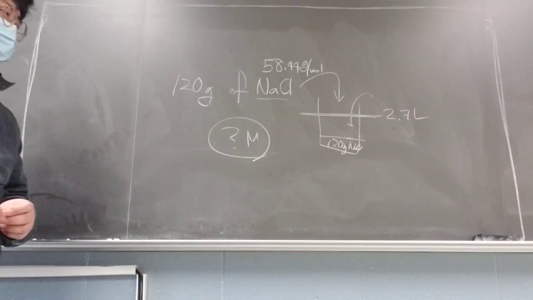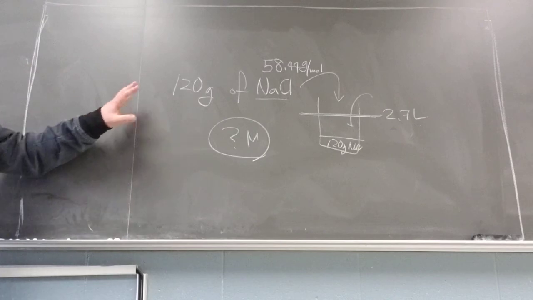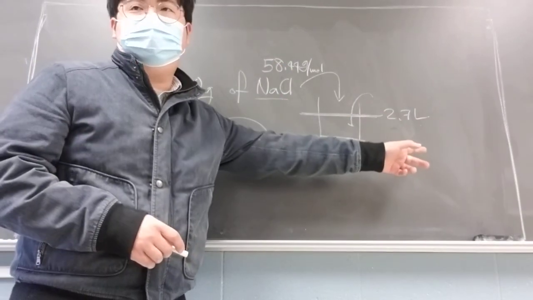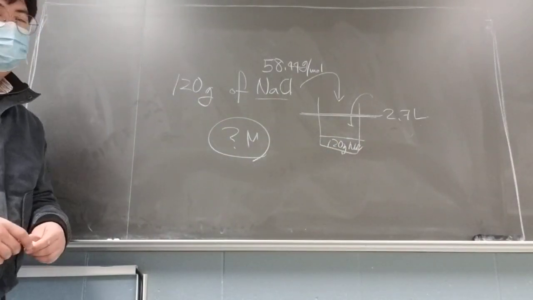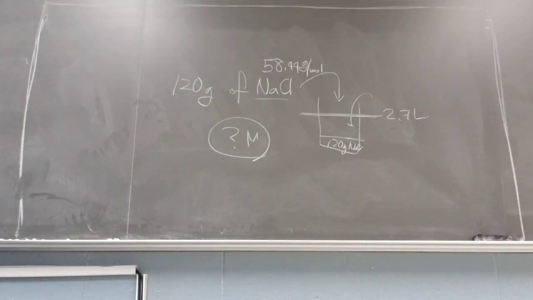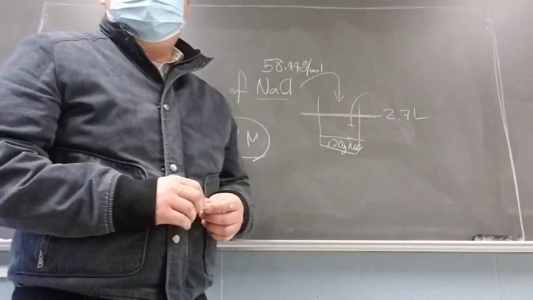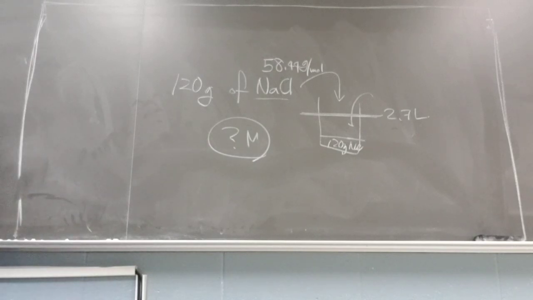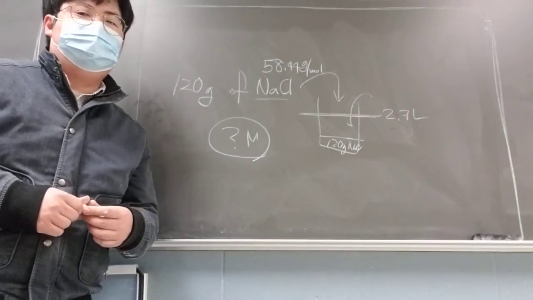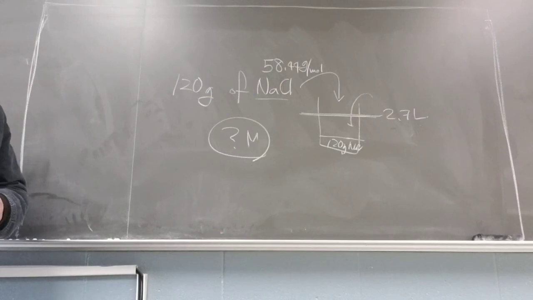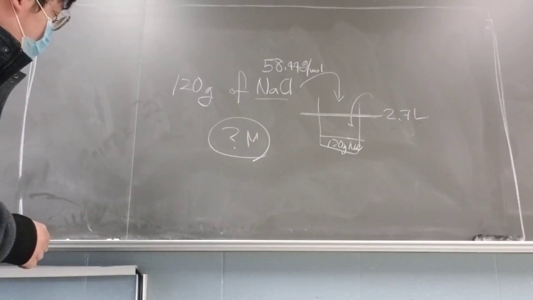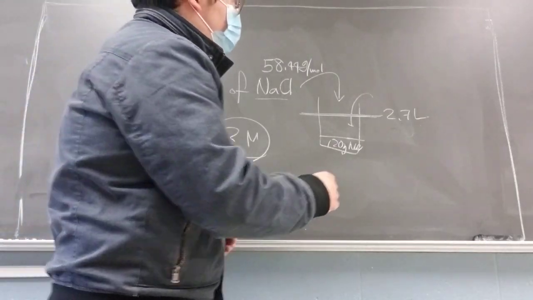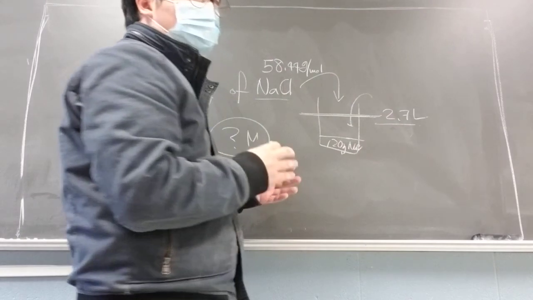Okay, 1 or 2 minutes. Just the 120 divided by 58.44 and divided by 2.7. Okay, let's do 2 sig figs there because 2.7 has the least number of sig figs.